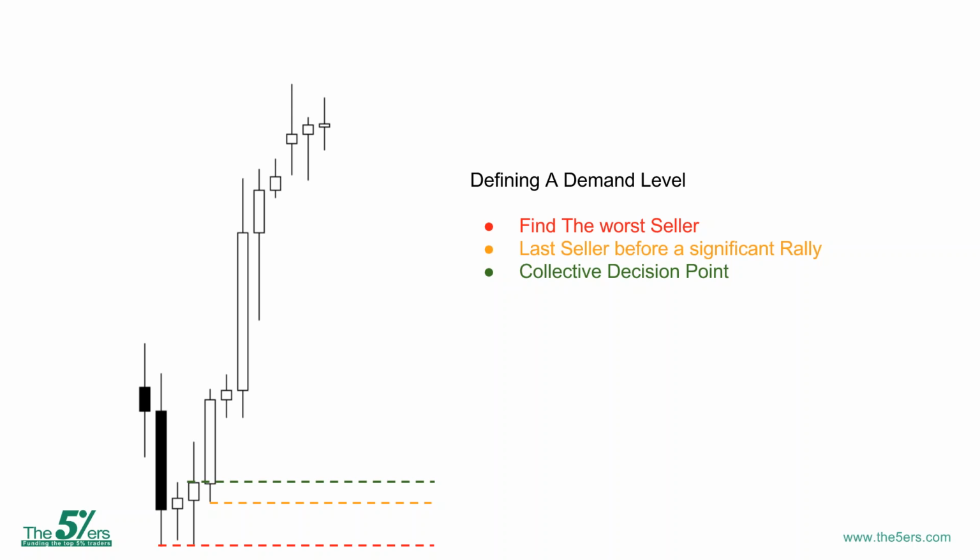So all these orders are waiting here at that decision point, and we are taking the whole zone, from that decision zone to the lowest low, to the worst seller point. We call it the demand zone.